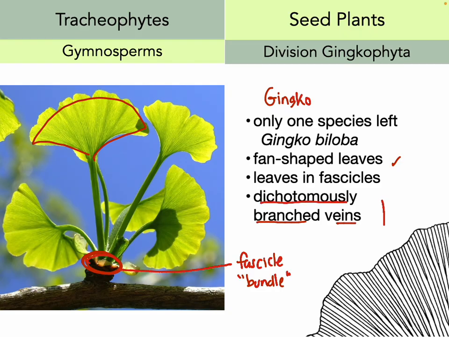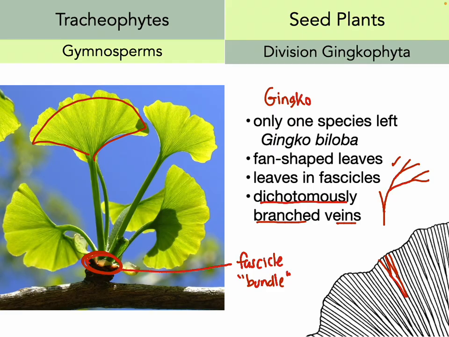So the veins look like this, branching twice every time. You can see here, branch twice, branch twice. Very ancient looking, very symmetrical in a way. So if you see a plant that looks like this, fan-shaped leaf, dichotomous branching, it's Ginkgo biloba.